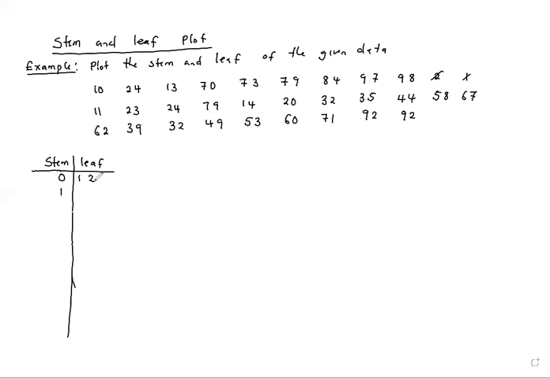And then you go to the 10s: 10, 11, 12, 13, 14, 15, 16, 17, 18, 19. How many numbers do we have here? We have 14, 13, 11. So you start with 11, then 13, then 14. We also have 10.